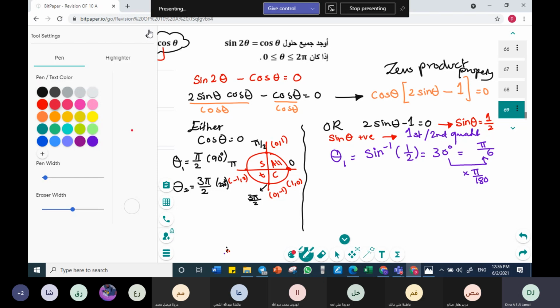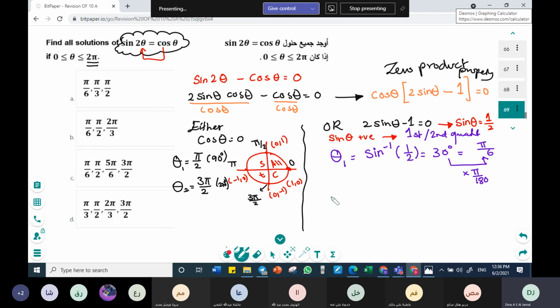Now, let's look at the other part. I'm having my theta in the second quadrant. To find the angle in the second quadrant, it is pi minus the given theta, which is pi minus pi over 6, giving you 5 pi over 6.